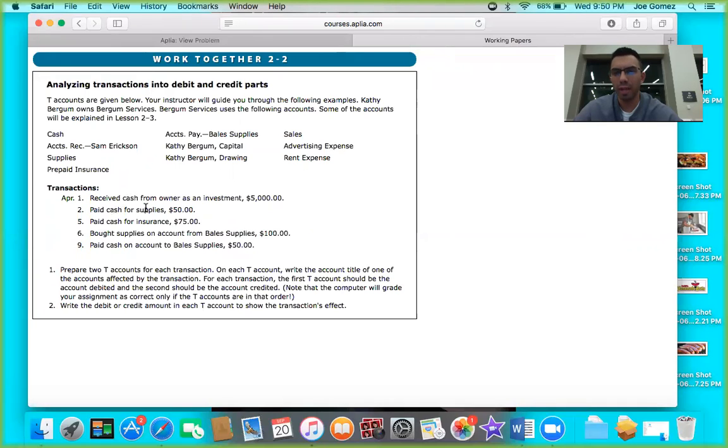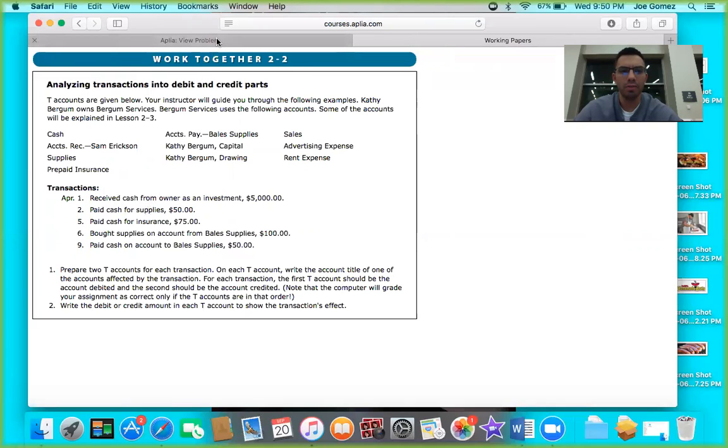Supplies is also an asset, and I am gaining supplies by spending money, so my supplies will be increasing. I'm going to increase supplies with a debit.